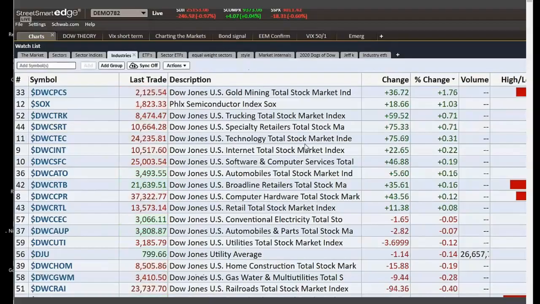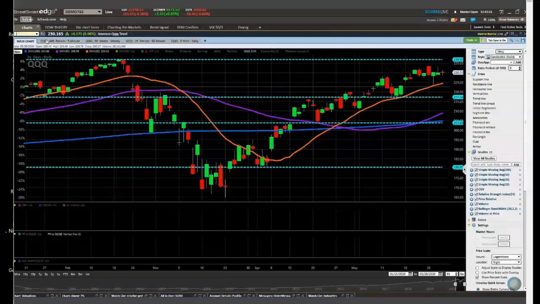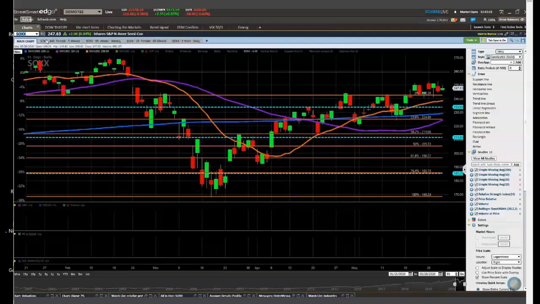Software, again technology, so this does not feel like value to me right at the moment. Automobiles, that's discretionary, a little cyclical, probably due to Tesla, maybe. Let's take a look at the semiconductors, which are up there again. Marvell had earnings. They were tremendous.